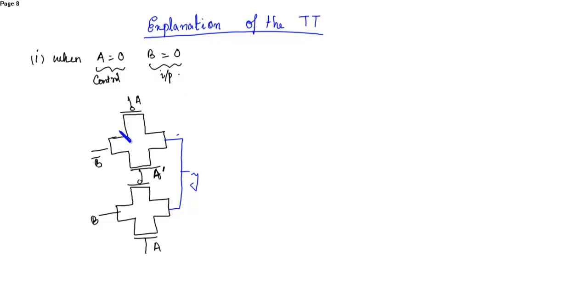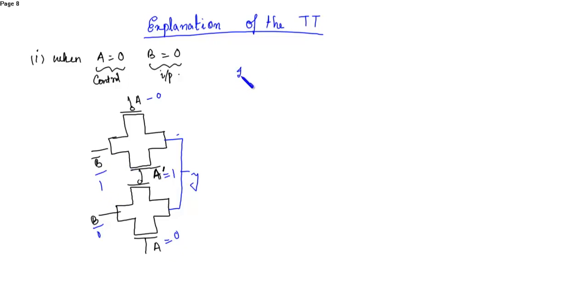So if A is 0, then this A will be 0 and this A bar will be 1. So A is equal to 0, A bar is equal to 1, B is 0, B bar is equal to 1.